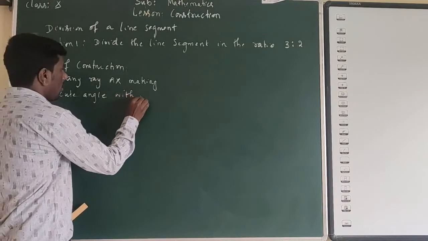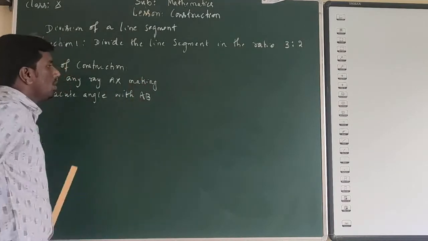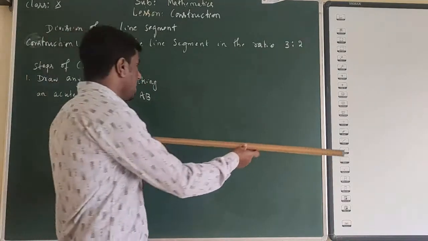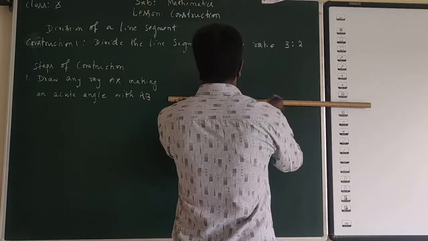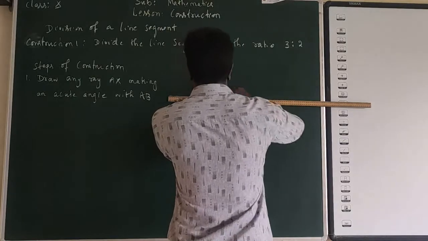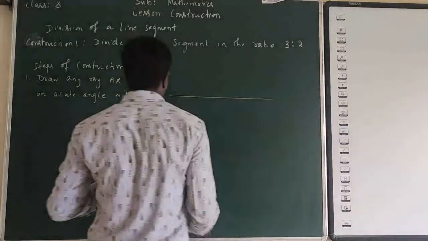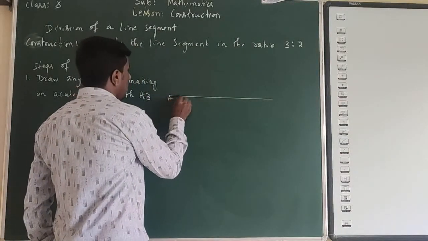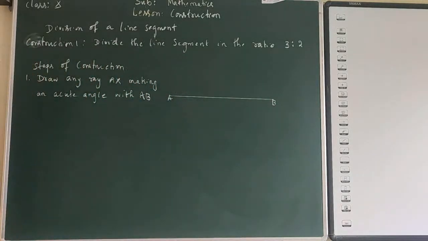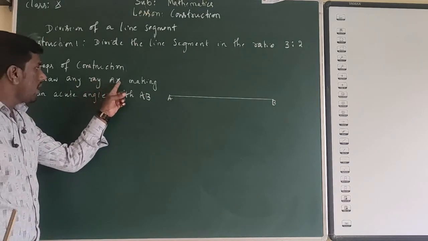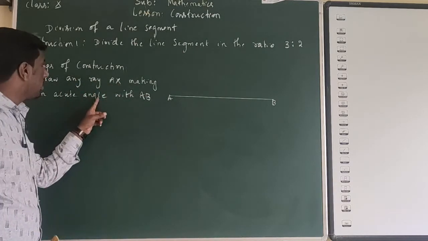For this I should write the line segment AB of some random length. So this is line segment AB. So draw any ray AX making an acute angle with AB.